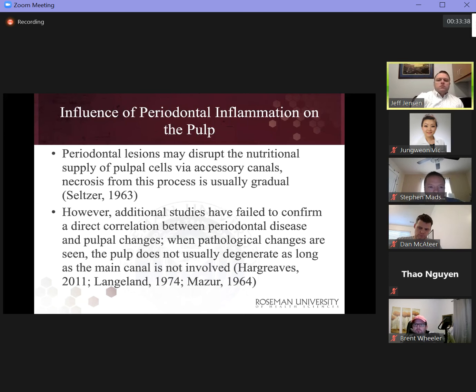So periodontal lesions, as they progress down the root, there is some evidence that they may disrupt the nutritional supply of the pulpal cells via these accessory canals.